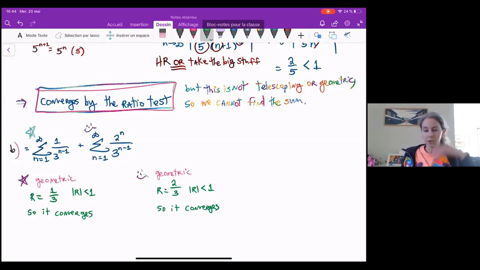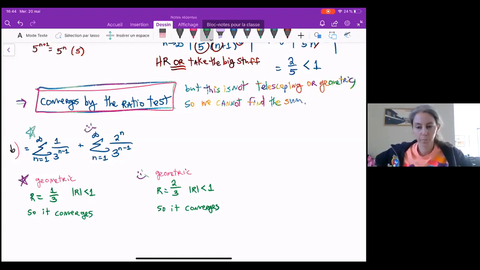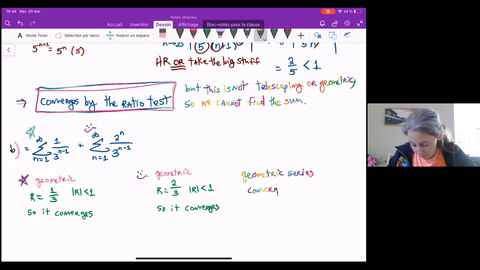But these are geometric, so can I find the sum? Yes. Let's remind ourselves, geometric series converge to a over 1 minus r. How do I find a?